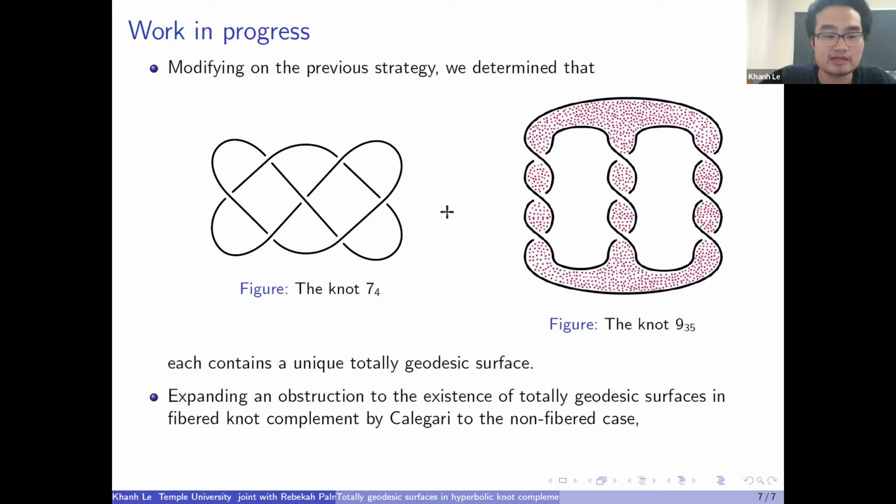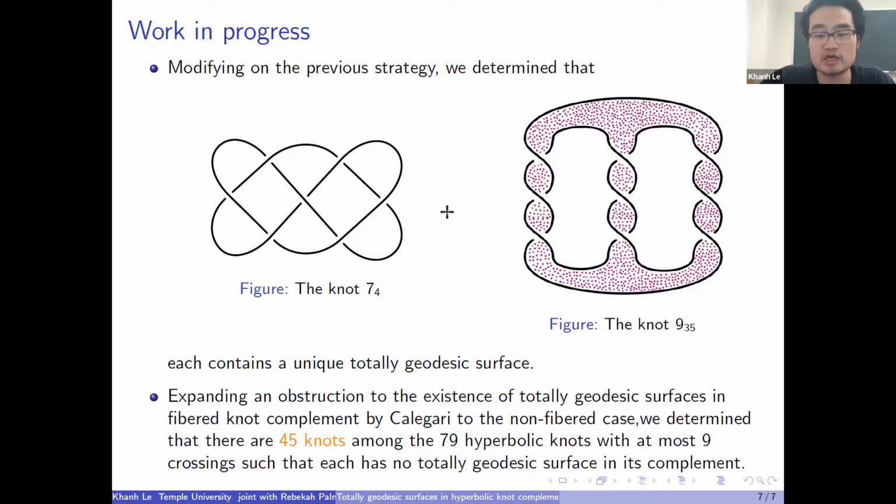And by expanding on an obstruction to the existence of totally geodesic surfaces in a fibered knot complement by Calegari to the non-fibered case, we also determined that there are 45 knots among the 79 hyperbolic knots with at most 9 crossings that contain no totally geodesic surface in their complement.